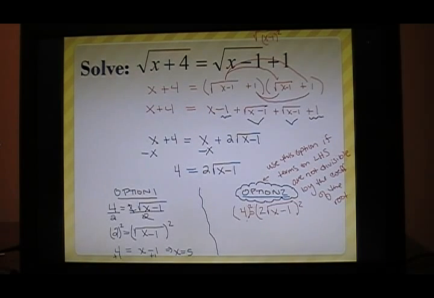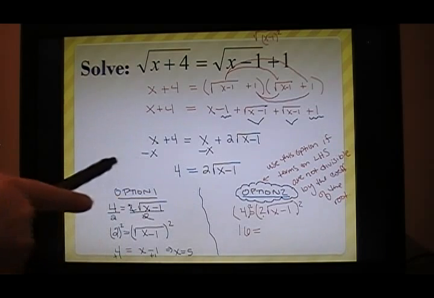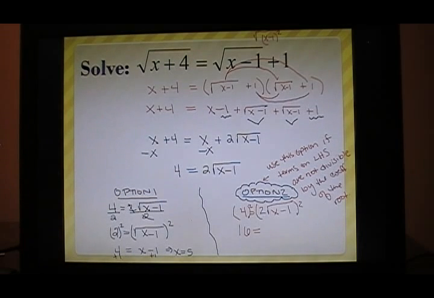When we square, remember we're multiplying that thing twice. So squaring 4 gives us 16. If we multiply this thing twice, I'm going to write it up here. We've got 2 root x minus 1 times 2 root x minus 1.